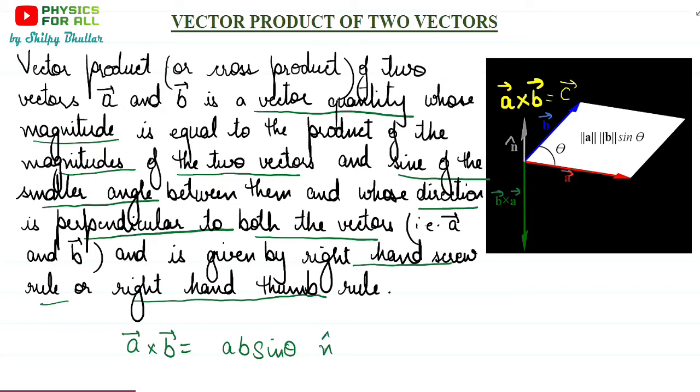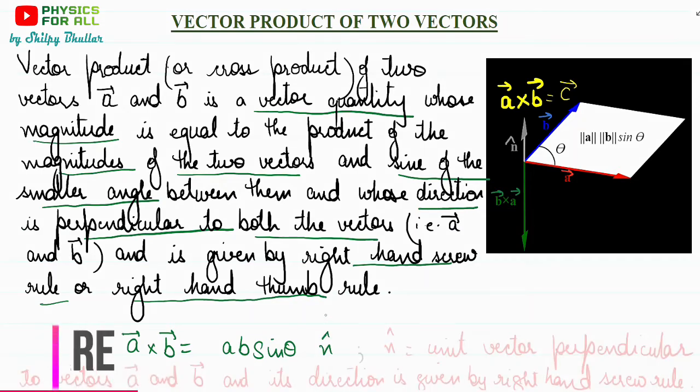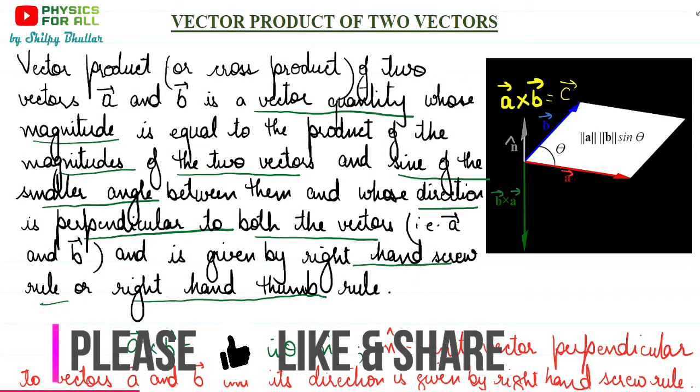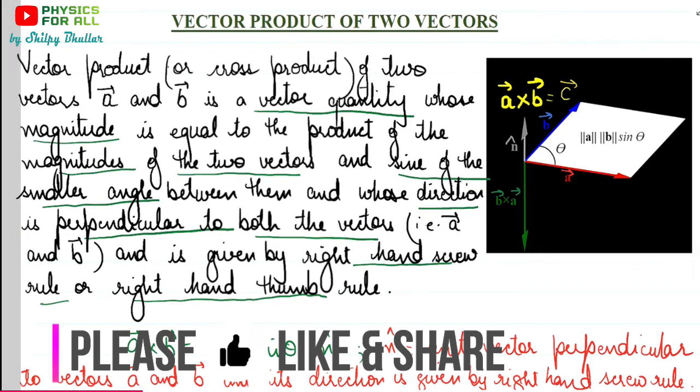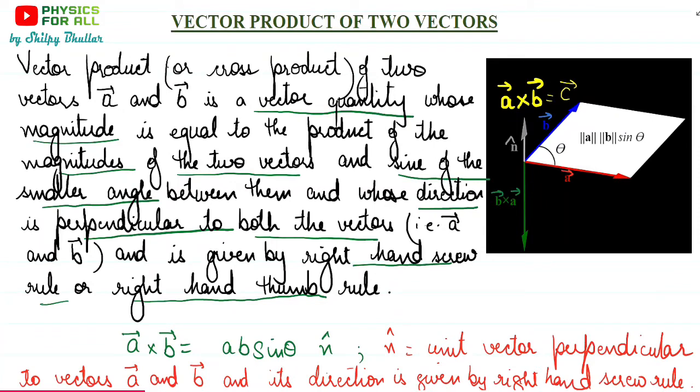And what is this n cap? N cap is simply the unit vector which is perpendicular to both vectors A and B, and its direction can be understood by the right hand screw rule or right hand thumb rule. This is a complete statement. We often write it like this: AB sine theta n cap is the answer for the cross product.